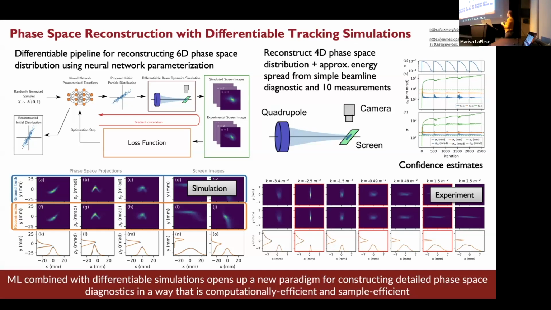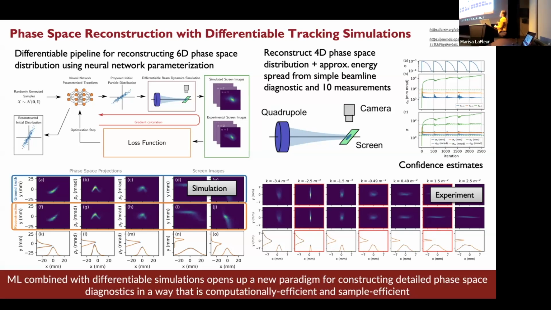And then we usually fit scalar RMS quantities to the resultant curve that we get, and then infer from this optics setup what the position and momentum of the beam looked like, in this case 4 dimensions: x, y, x prime, y prime.